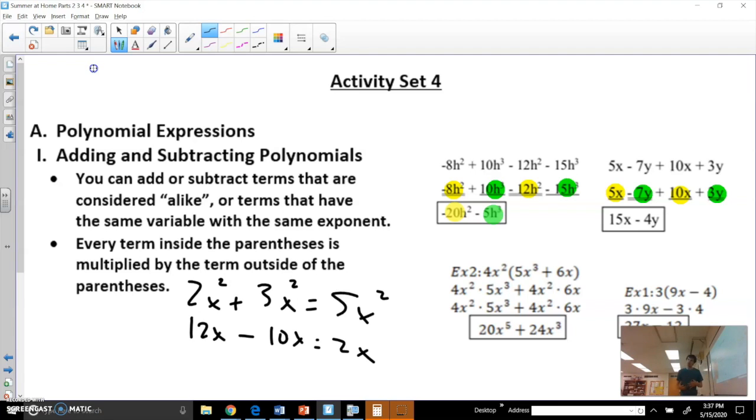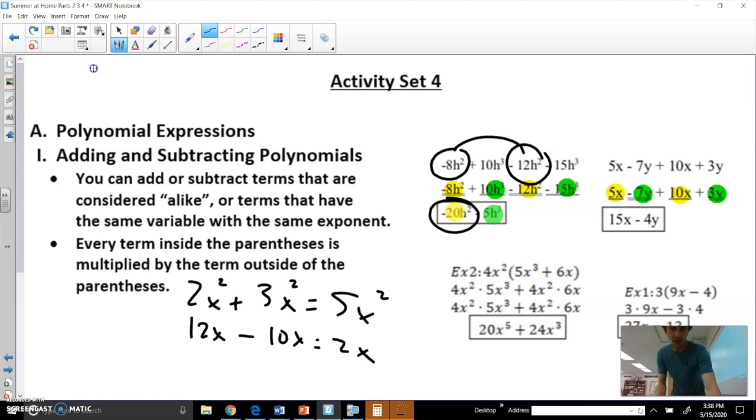The powers aren't changing when you group something. 1 marker plus 1 marker is 2 markers. The item doesn't change because you add or even subtract. So you're looking for the terms that go together, combining the coefficients and then keeping the power the same.